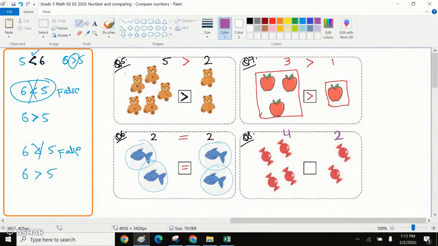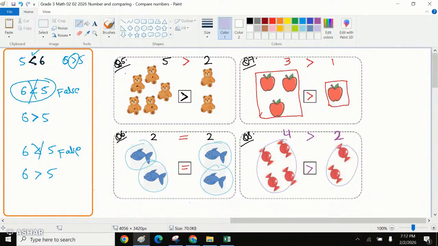So which number is greater? Nate, is 4 greater or 2 greater? Yes, thank you, Nate. We would say 4 is greater than 2. That means the number of candies on the left hand side is more than the number of candies on the right hand side.